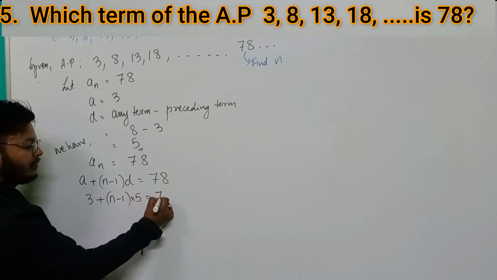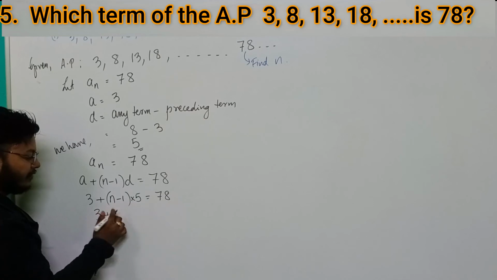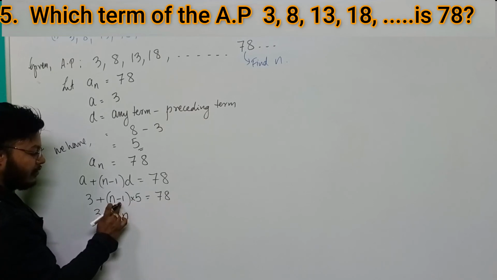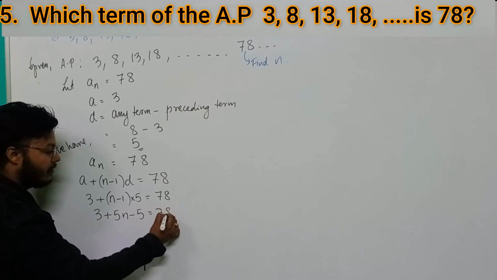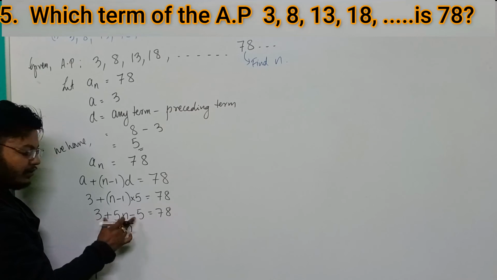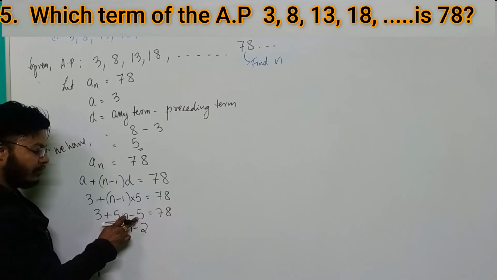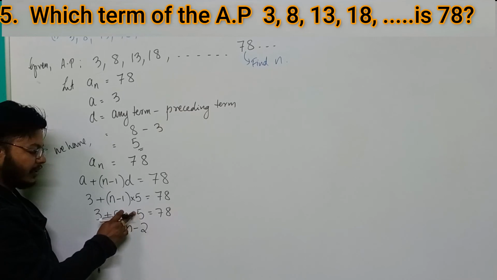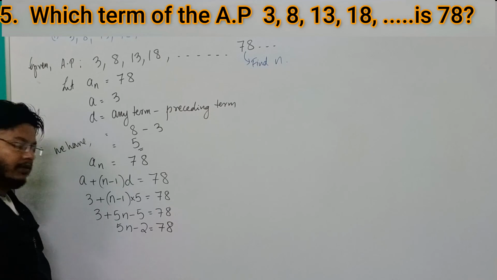So it's 3 plus 5n minus 5 equals 78. So this will be 5n, and 3 minus 5 I get minus 2. Always remember the sign will be that of the bigger number. 5 is bigger. So what is the sign? Minus. So it will be 5n minus 2 equals 78.